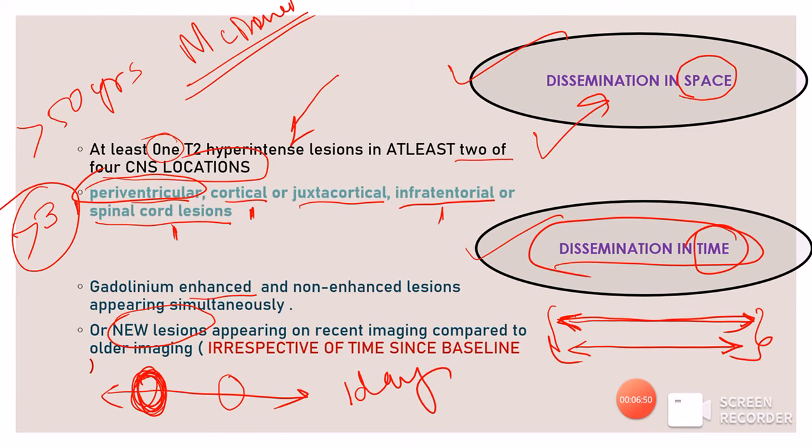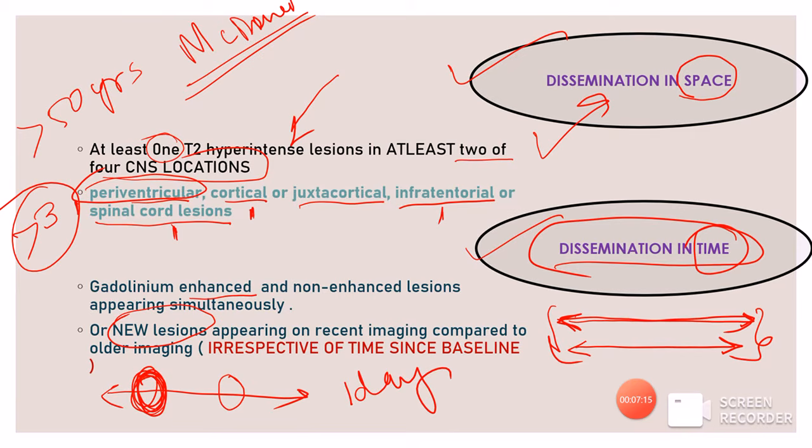The lesions which are enhancing on the MRI are the active lesions, and the non-enhancing lesions are the old lesions. Since there are new and old lesions present on the MRI, and new or old are described in terms of time, that also indicates dissemination in time.